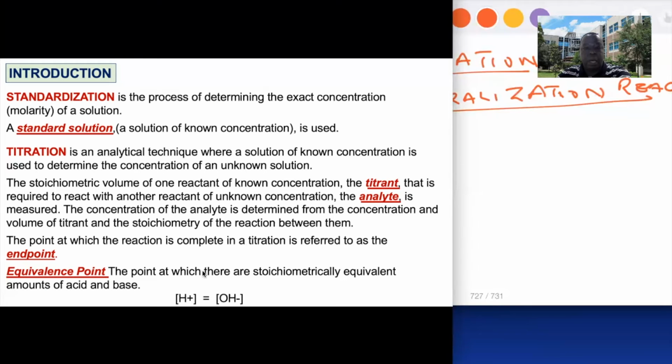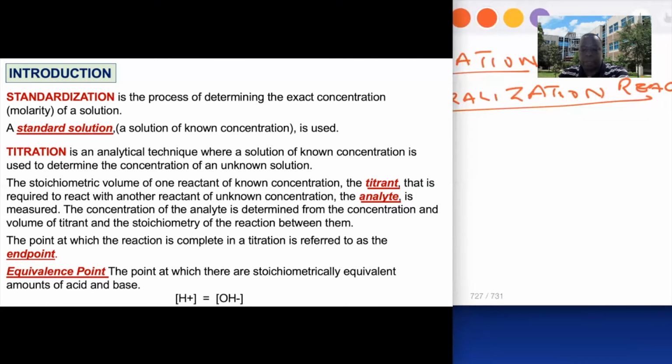In this case, our titrant is sodium hydroxide, which has OH. And the analyte, which in this case is acetic acid in vinegar, has hydrogen ion, it is an acid. So basically, this is an acid-base neutralization.